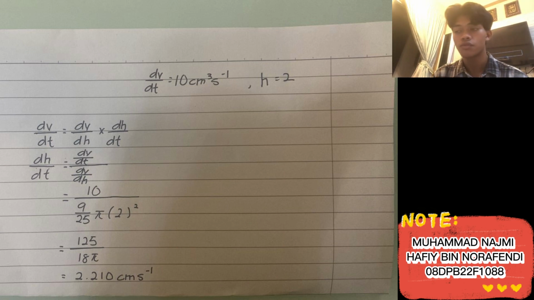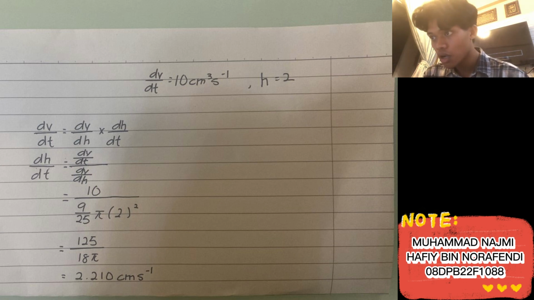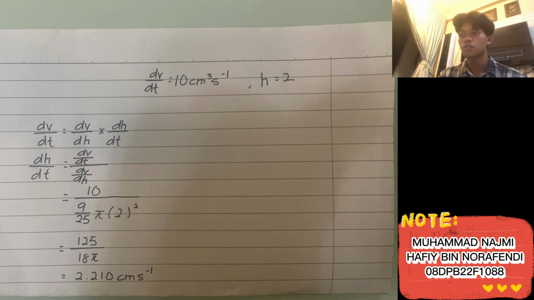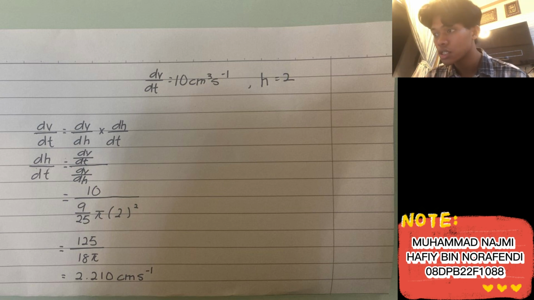Okay, we need to find dh/dt. How do we find dh/dt? We put the formula dV/dt equals dV/dh times dh/dt. So we move dV/dh to the other side and get dh/dt equals dV/dt over dV/dh.